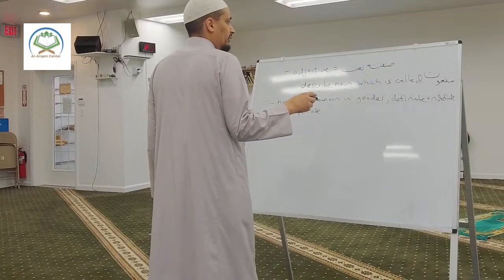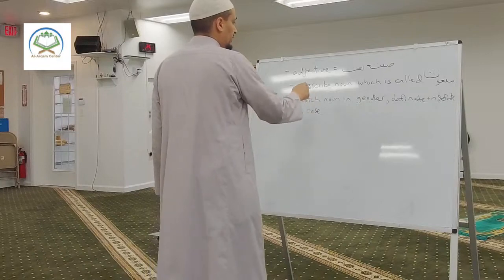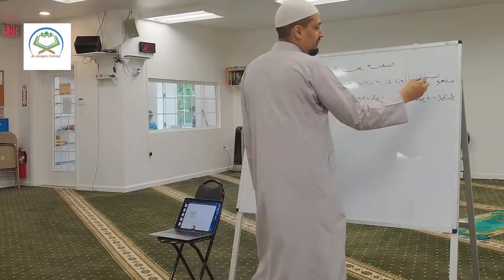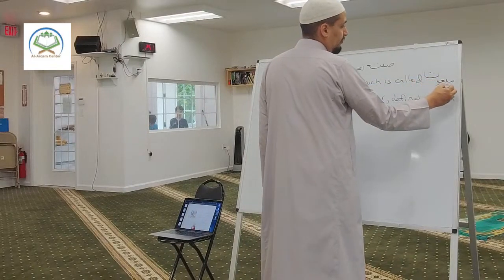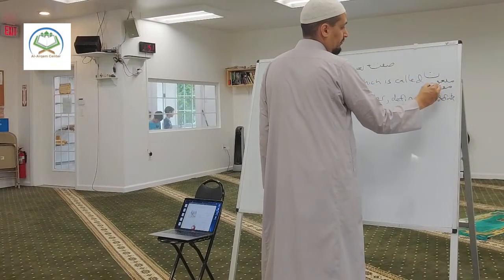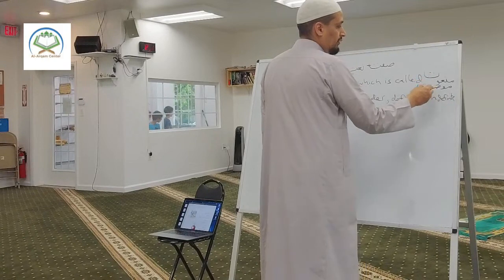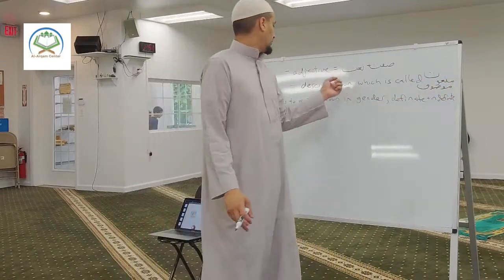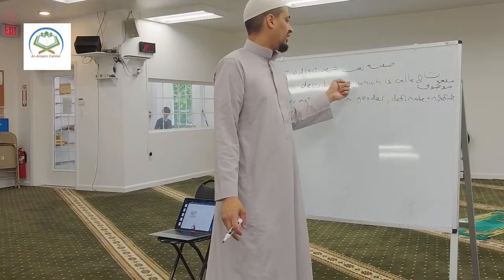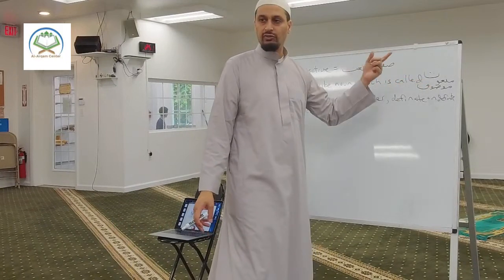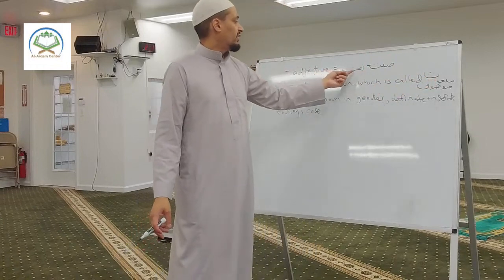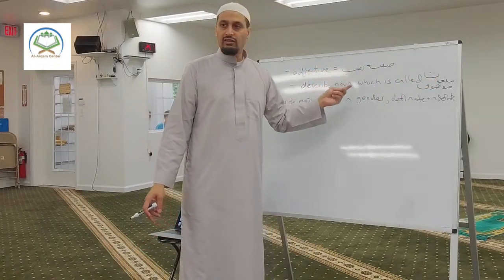It's called Na'at or Sifa, and it describes the noun, which is called Man'ut, also Mawsuf, which translates to what is being described. Right? Described noun, which is called Man'ut or Mawsuf. Sifa is adjective.